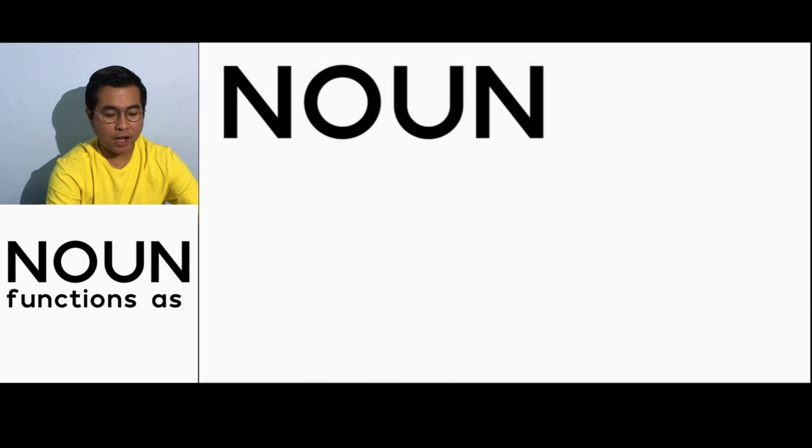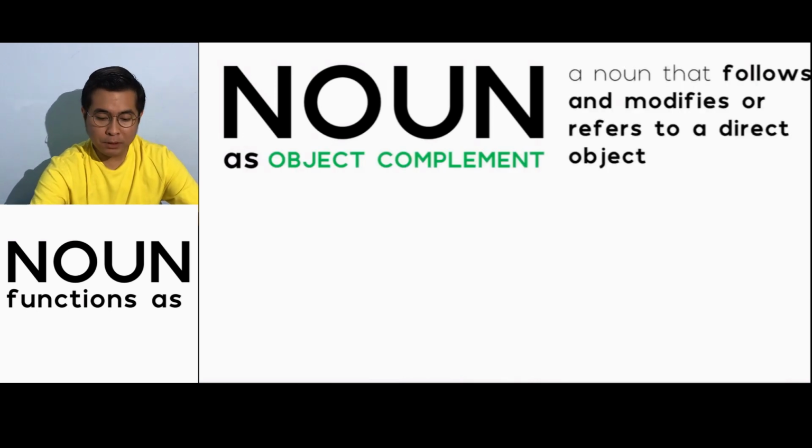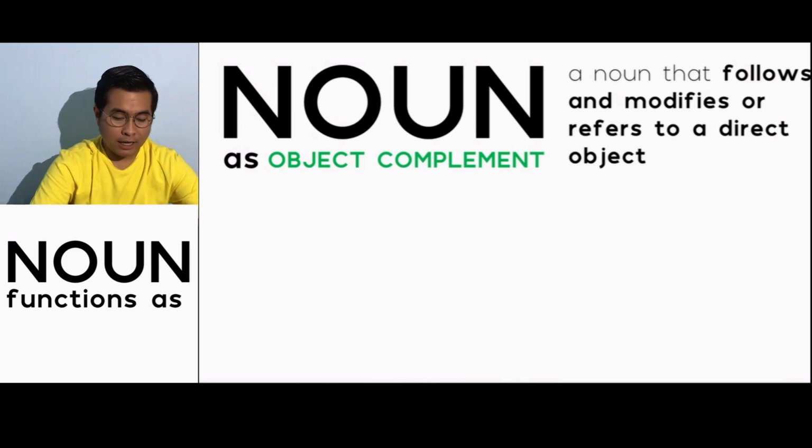Let's have the next one, noun as object complement. So noun as object complement, we have a noun that follows and modifies or refers to a direct object. So here, it's after a direct object. It talks more about the direct object or the noun.